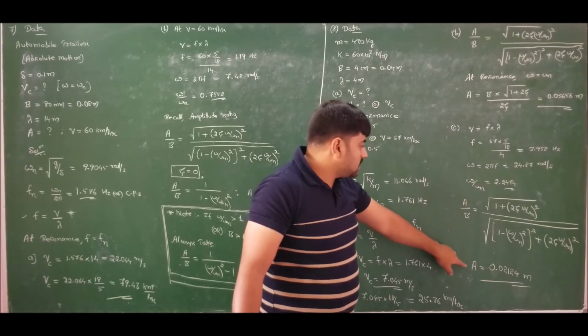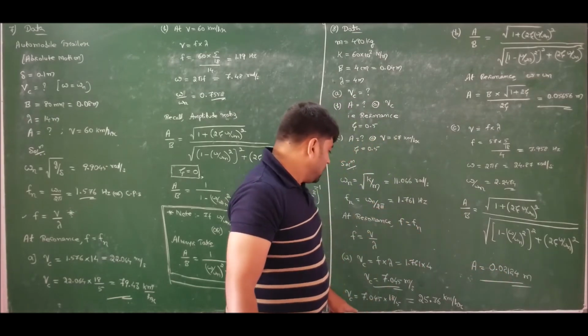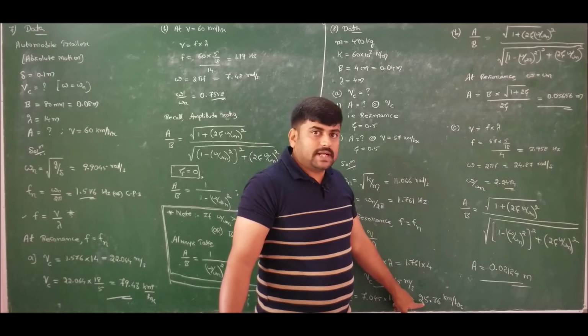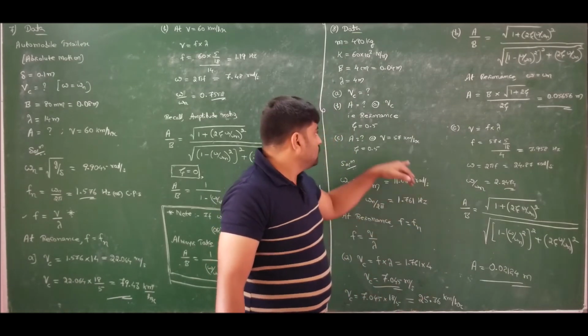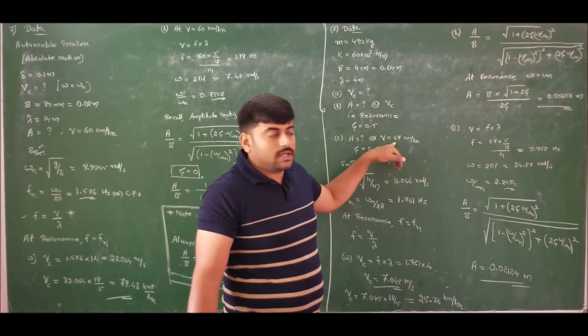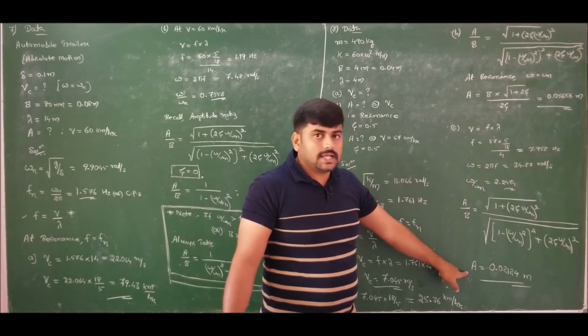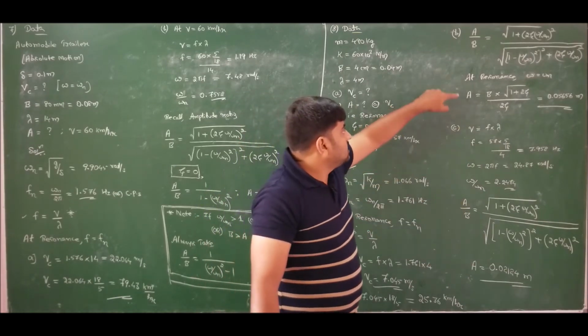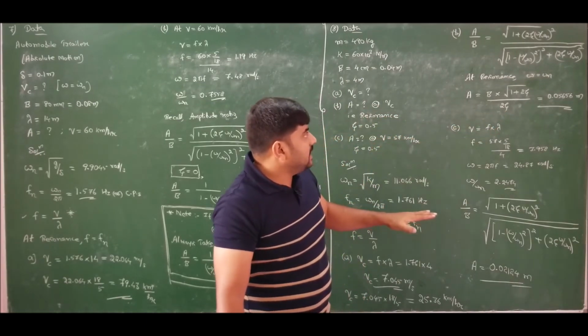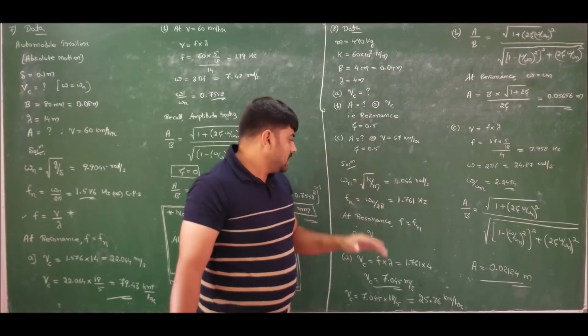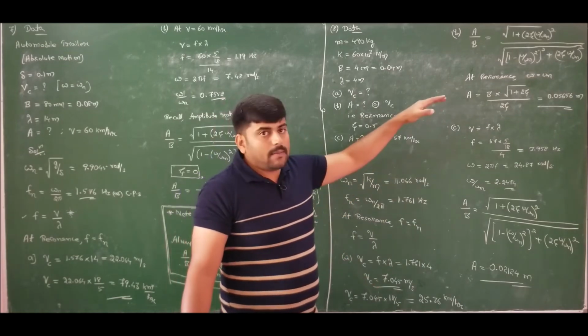Even though the velocity is much higher than the critical velocity, that is speed at resonance, the speed at resonance is just 25 km per hour, but the vehicle is moving at a speed of 57 km per hour. Even then the amplitude of vibration is less, but at resonance the amplitude of vibration is high. So hope this problem is clearly telling the difference between critical speed and resonant amplitude.